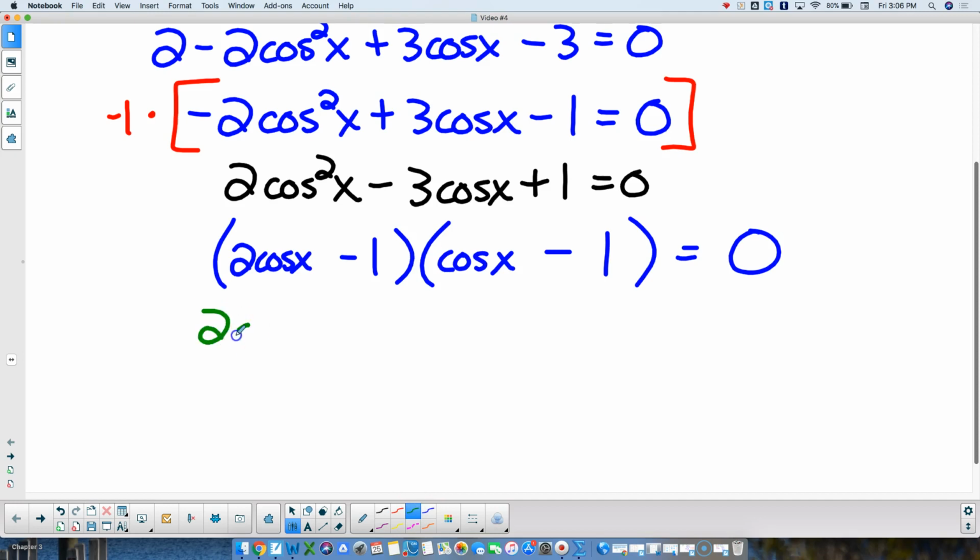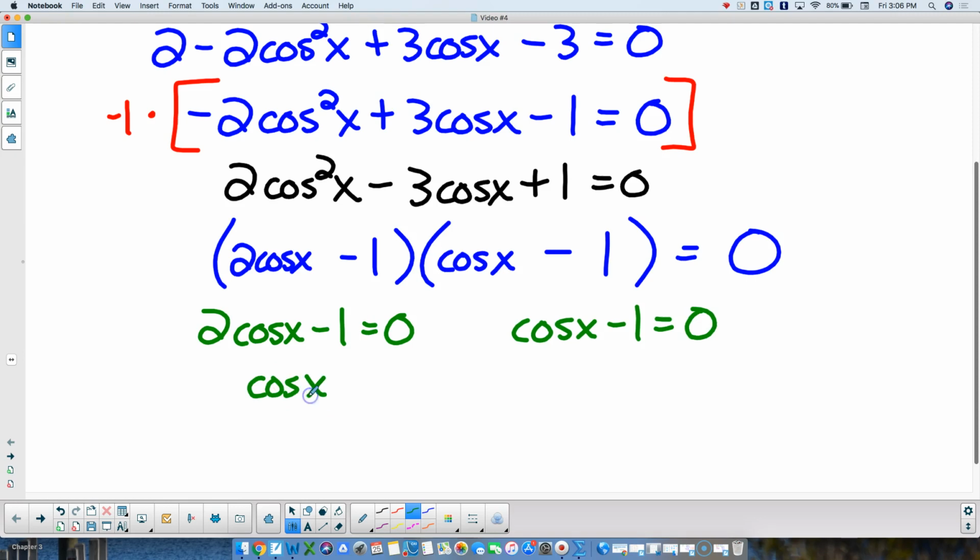Okay, so then we get 2 cosine of x minus 1 equals 0, and cosine of x minus 1 equals 0. Now I can set those two factors equal to 0 and solve. So I'm first looking where cosine of x is equal to 1/2.